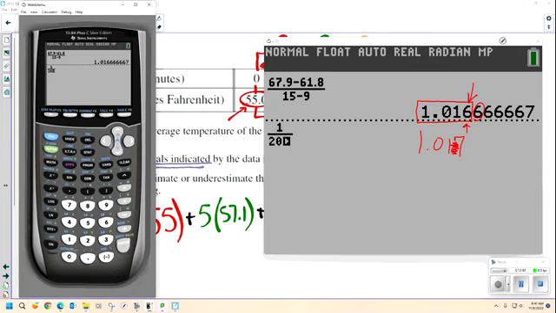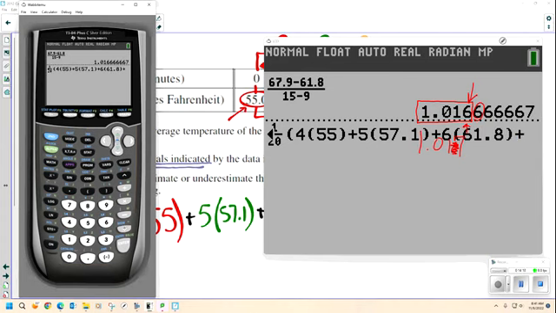1 over 20 times 4 times 55 plus 5 times 57.1 plus 6 times 61.8 plus 5 times 67.9.